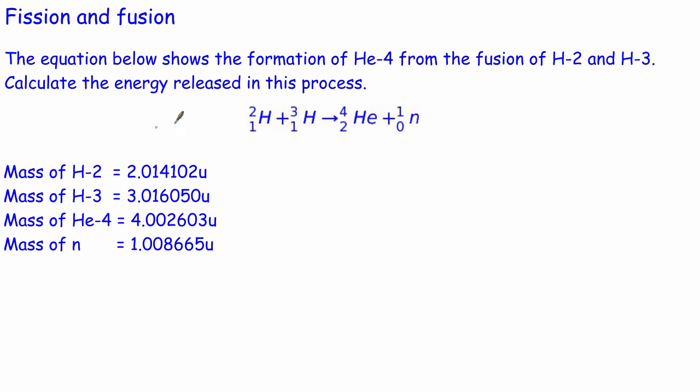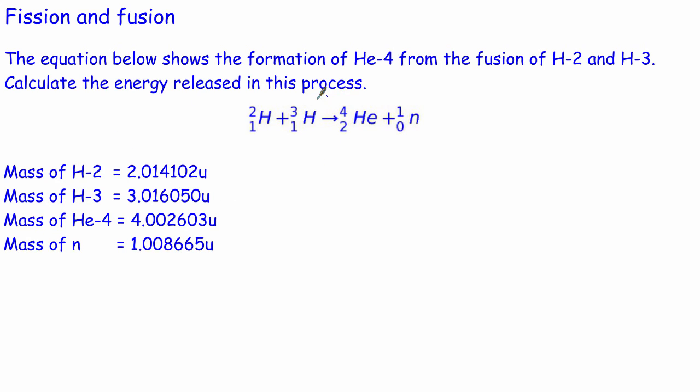So this is a very similar question to the one we were asked before. Here again, this is an equation version of the picture we've just seen. You've got deuterium, an isotope of hydrogen with one proton and one neutron. Tritium, an isotope of hydrogen with one proton and two neutrons. When you put those together, you get a helium nucleus, and you also get a neutron left over as well.